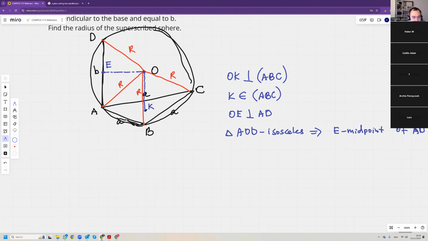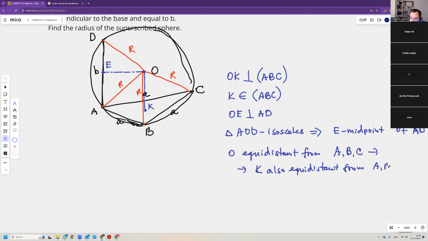Okay, so OK is perpendicular to ABC, but because point O is equidistant from A, B, and C, that means K is also equidistant from A, B, and C. That means K is the center of mass of triangle ABC.